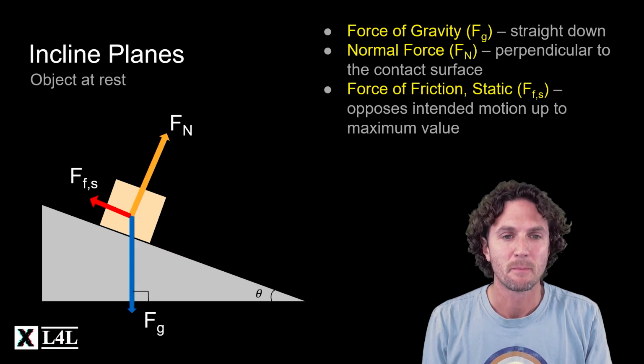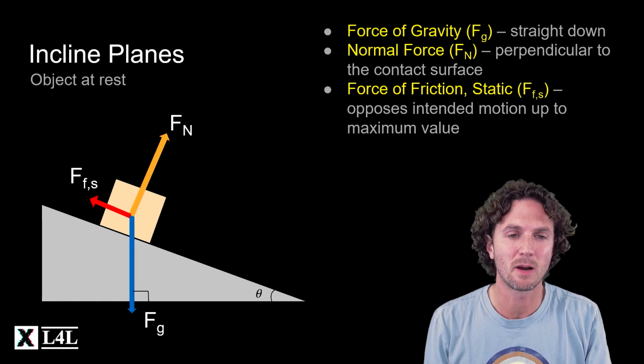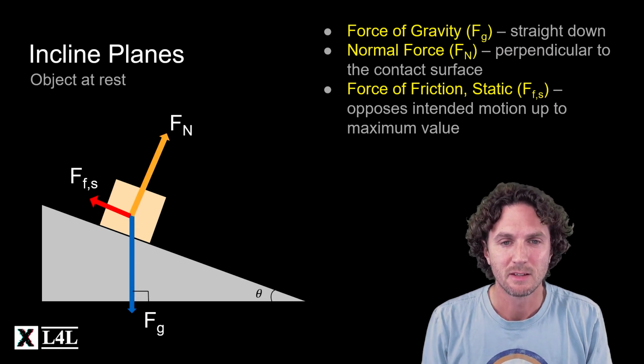At this point, we've actually labeled all the actual forces that are acting on this object here. But this is where the transition is going to occur for inclined plane problems. We can no longer think of our normal up and down frame of reference because we have the inclined plane.